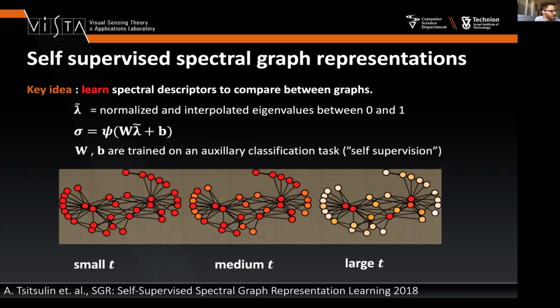They trained the descriptors to solve this task, and then they take these pre-trained descriptors and use them for the classification task, and they show that it works better than choosing the features by hand.